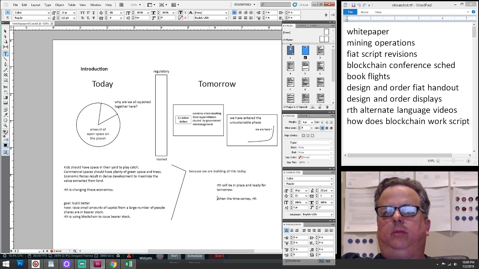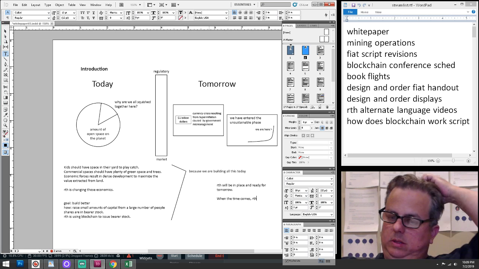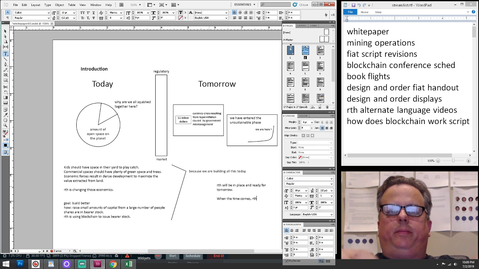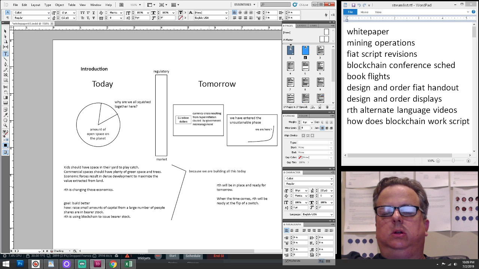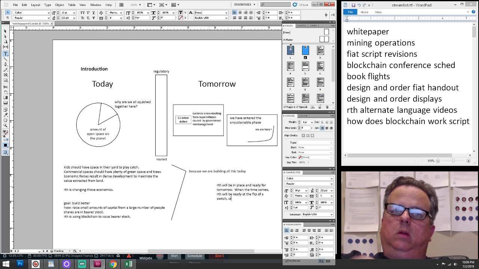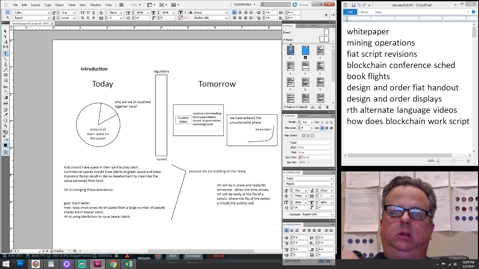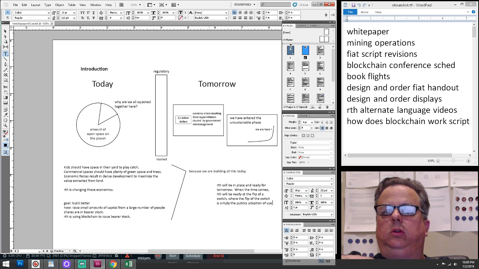When the time comes, Earth will be ready at the flip of a switch. Where the flip of the switch is simply the public's adoption of use.